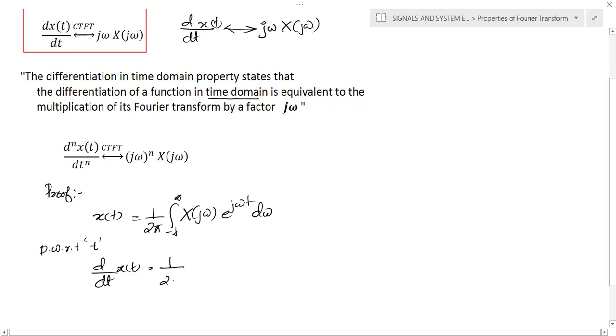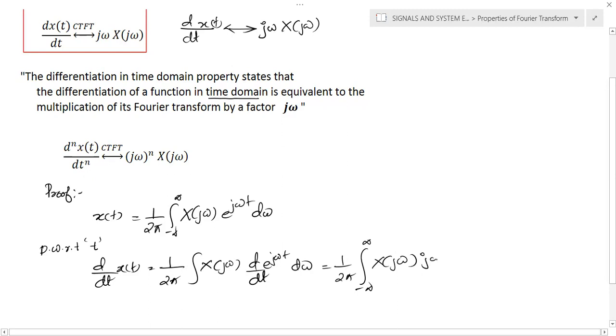So we can apply this differentiation on the right side only to that particular term, that is d by dt of e raised to j omega t, because all the other terms you can consider as constants. So if you differentiate this, you will get 1 by 2 pi integral from minus infinity to infinity x of j omega, and this exponential term, if you differentiate, becomes j omega e raised to j omega t d omega.